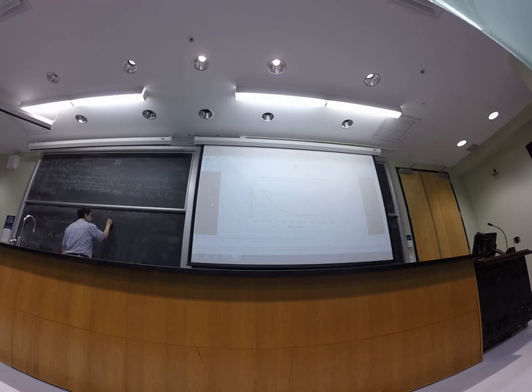Move the 0.8 to one side, move the exponential to the other side, and you have e to the minus the bracket over tau equals 1 minus 0.8, or taking the natural log, minus the bracket over tau equals ln of 1 minus 0.8.